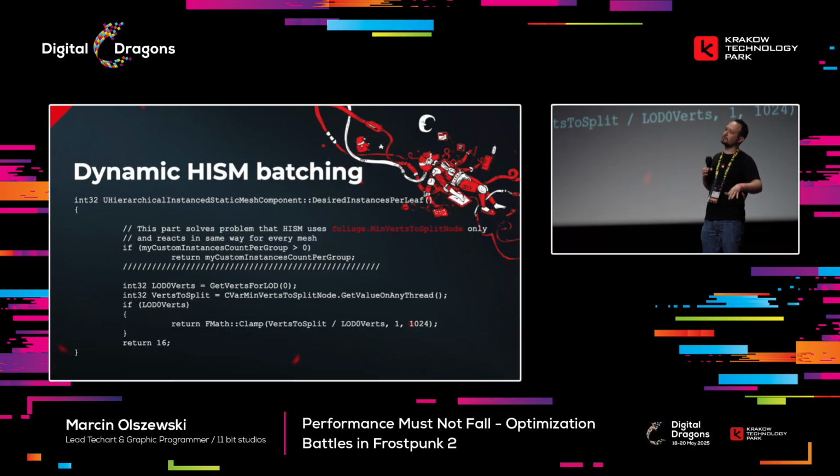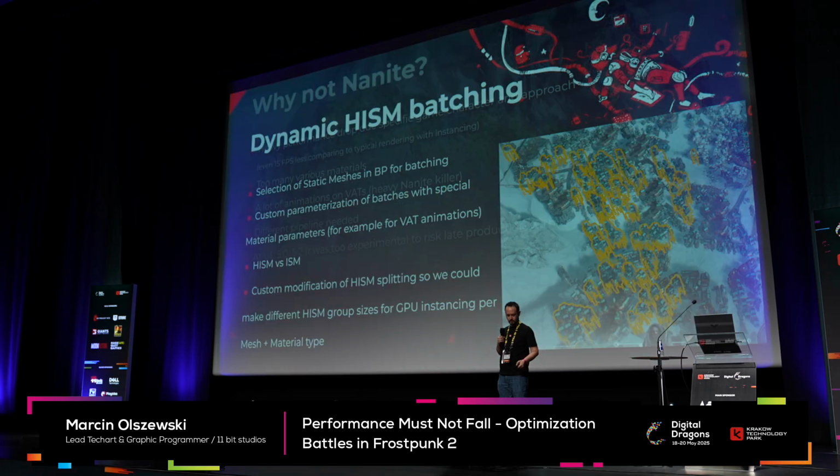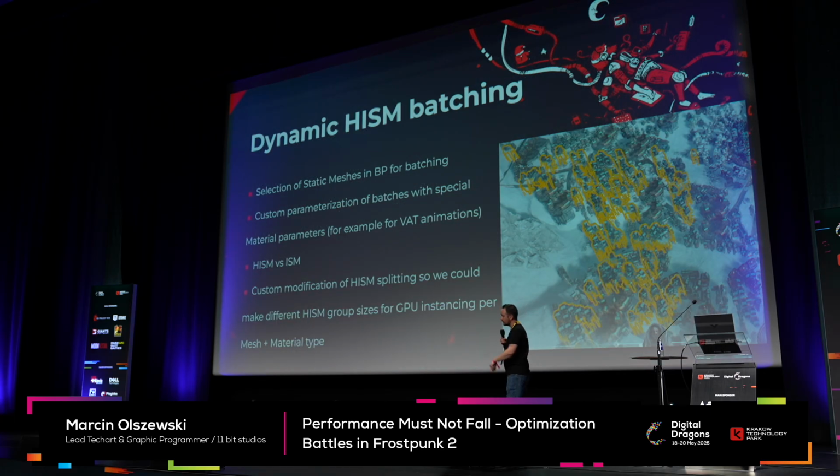And it's pretty good for foliage, for example, because you are setting, for example, that you group objects per 100 vertices or 1,000 vertices into another batch group, because we are quite limited by rendering and so on.